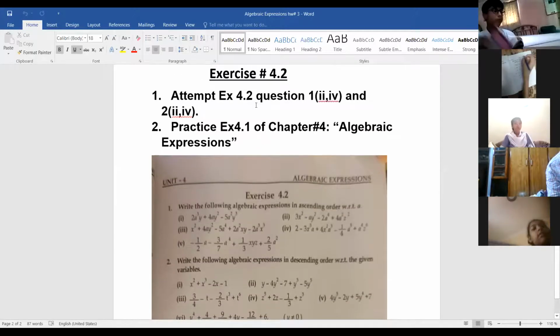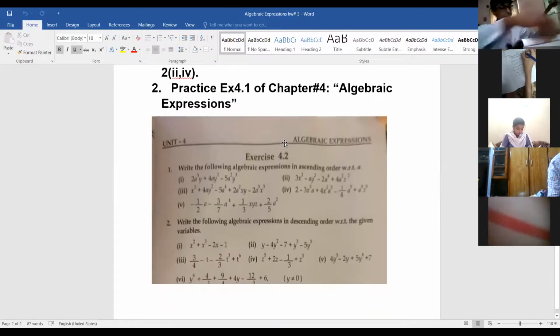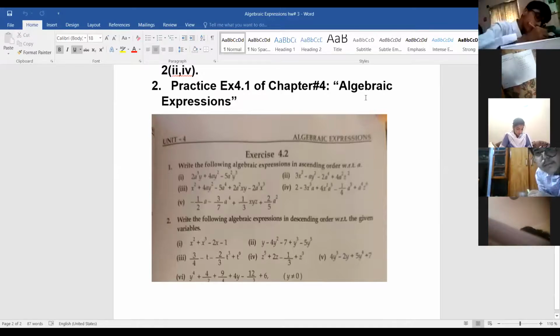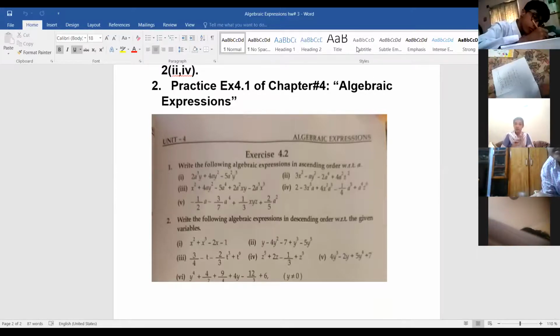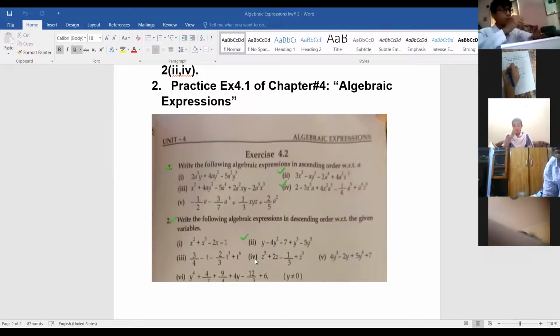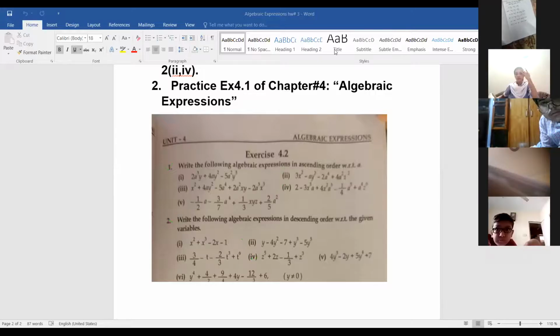Okay, you have to attempt question 1 and 2, bit 2 and 4, and exercise you have to do practice exercise 4.1 of chapter number 4 algebraic expressions. ठीक है बेटे, for your convenience देखिए मैंने आपको यहाँ पेज भी पेस्ट करके दिया है. Question 1, bit 2 and 4, question 2, bit 2 and 4 for your homework. ठीक है हलीमा, ठीक है ना बेटे? So this is your homework for today.